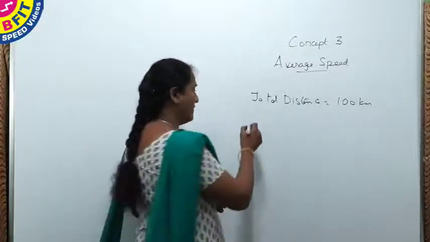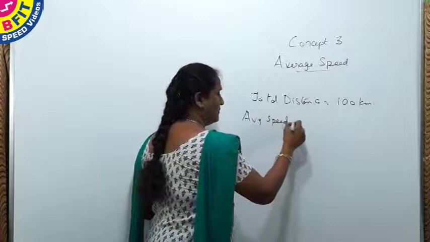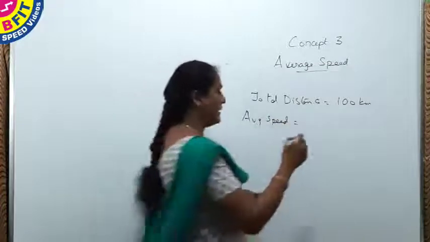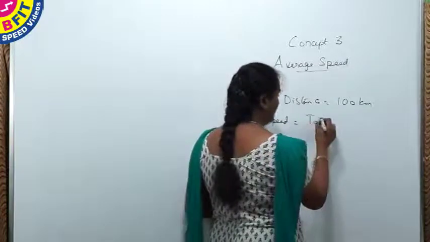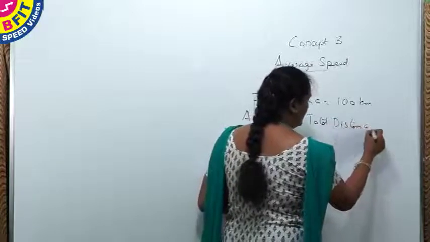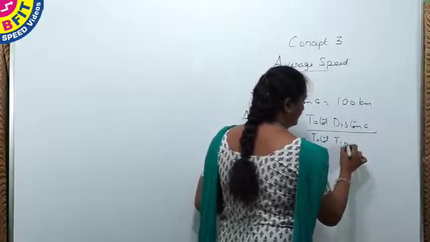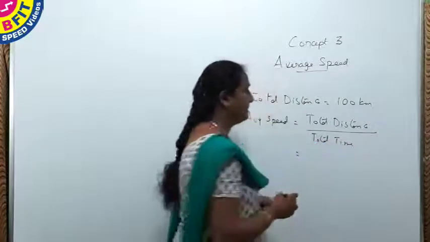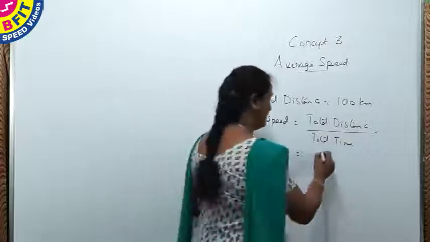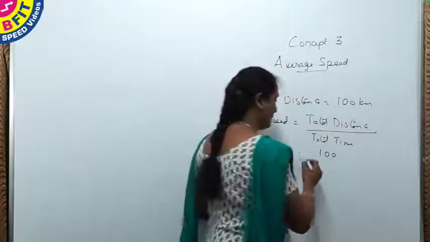To find the average speed, it is total distance by total time taken. So total distance we have assumed as 100.